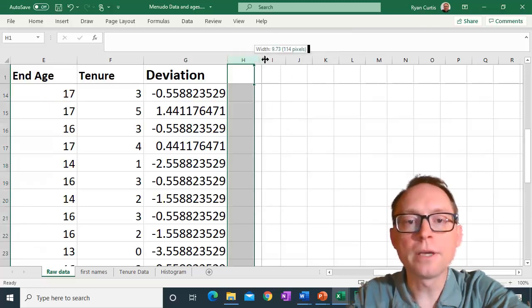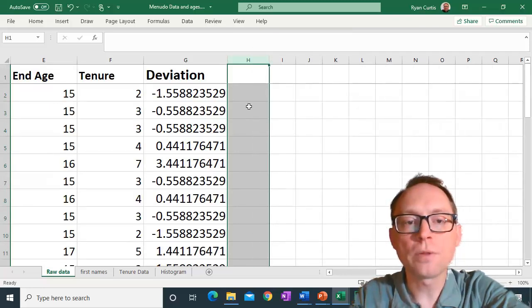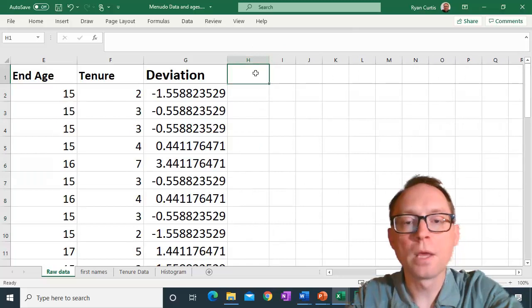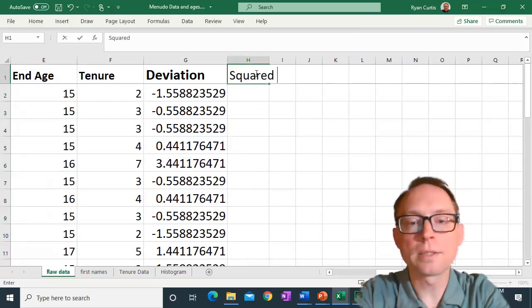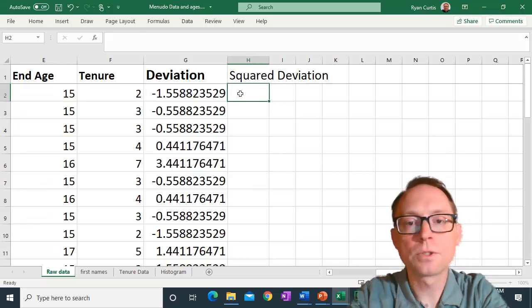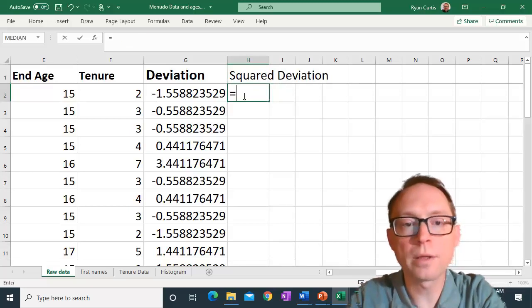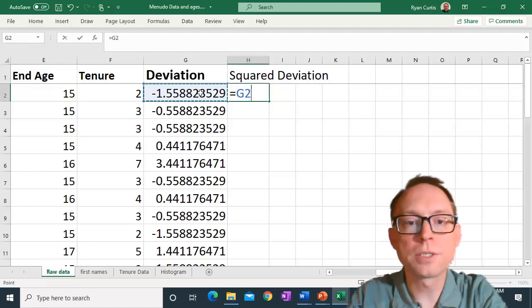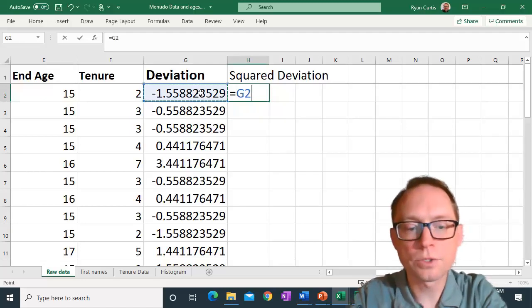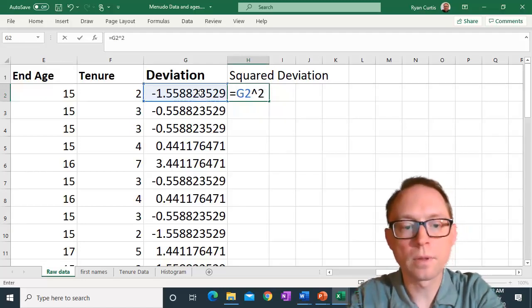So we are going to instead take the deviation score for everybody, and we're going to square it. So this column right here is going to be the squared deviation. So this is going to be this squared.